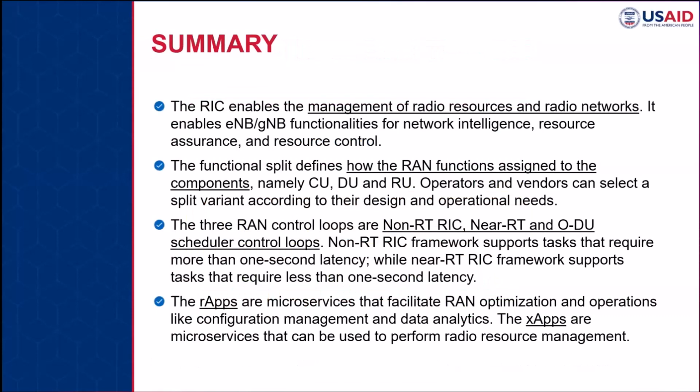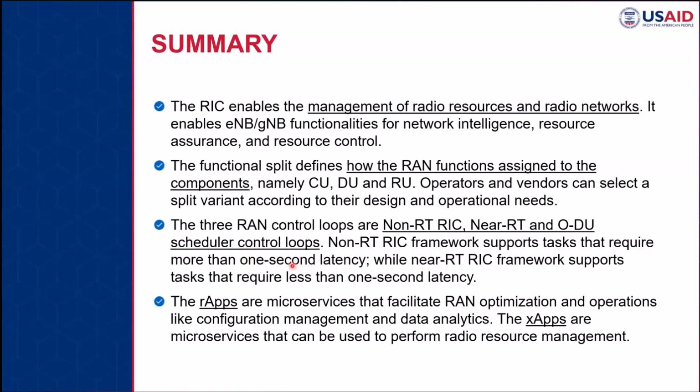Just to summarize what we have discussed today. The RIC enables the management of radio resources and radio networks, and it enables eNodeB and gNodeB functionalities for network intelligence, resource assurance, and resource control. The functional split defines how the RAN functions are assigned to the components. The three RAN control loops are the non-real-time RIC, near real-time RIC, and the O-DU scheduler control loops.